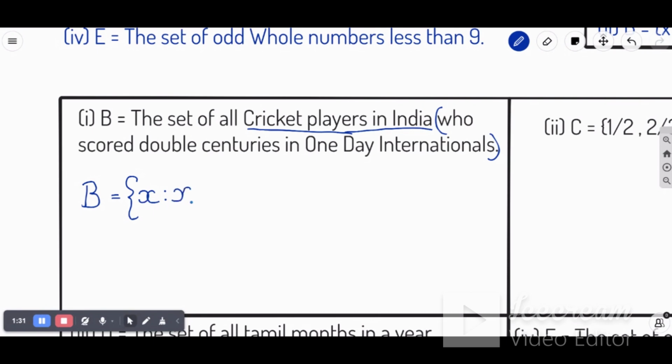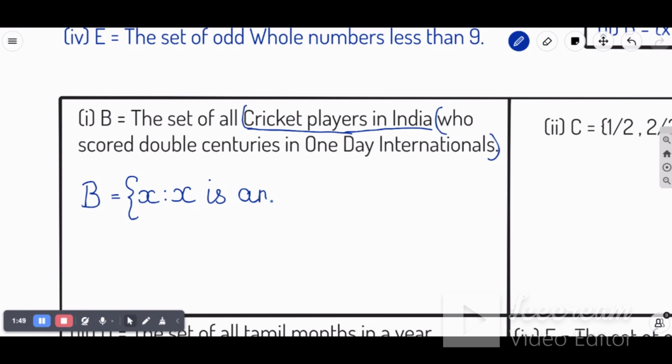x such that x, so this is the common term, is here. First you have to write is here and then you have to check what is given here. Cricket players in India. Either you can write as such or you can shorten this a little.